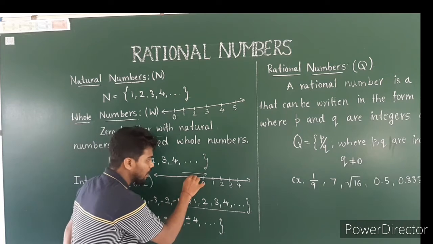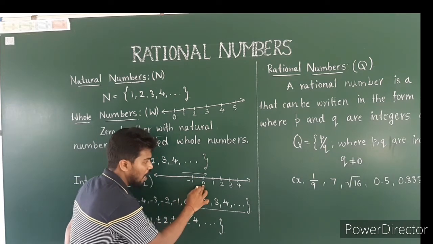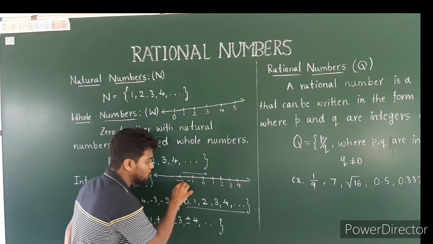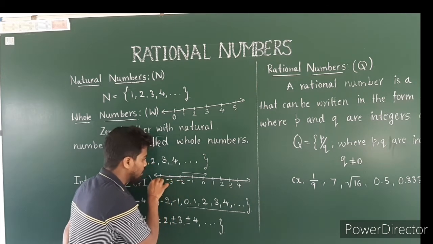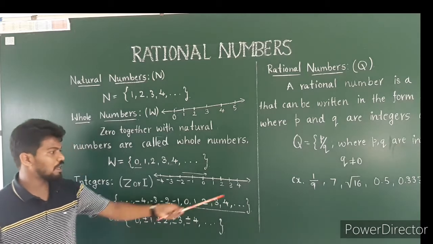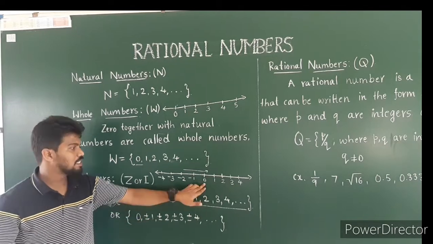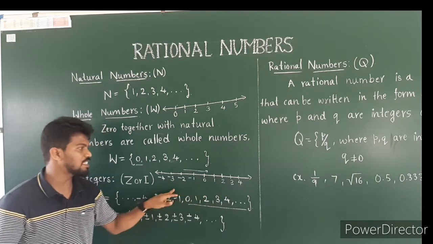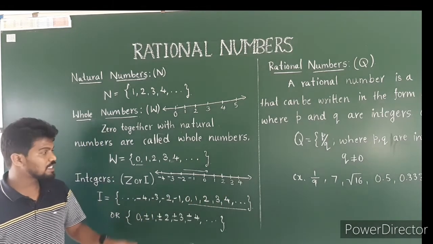And here -1 comes after 0, then -2, -3, -4. This is the number line of integers. 0, plus or minus 1, plus or minus 2, plus or minus 3, plus or minus 4 is the set of integers.